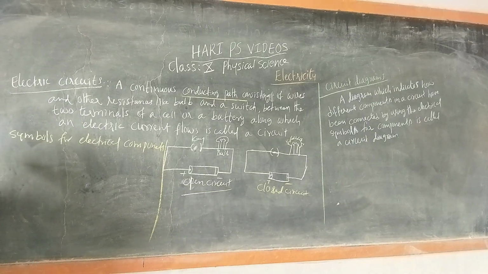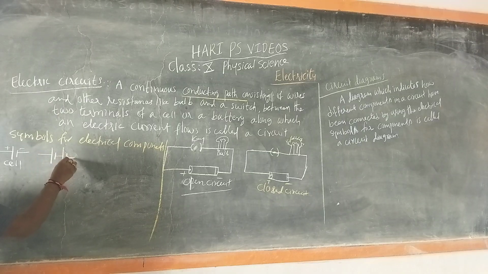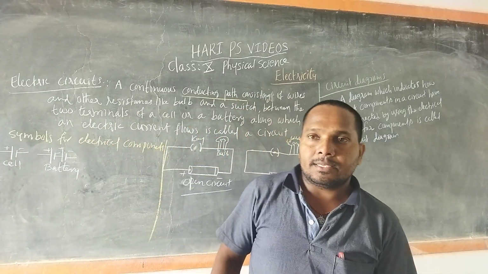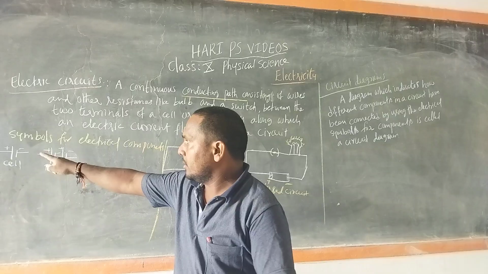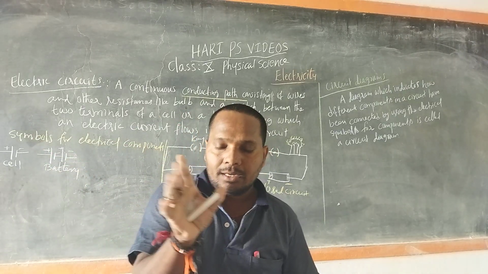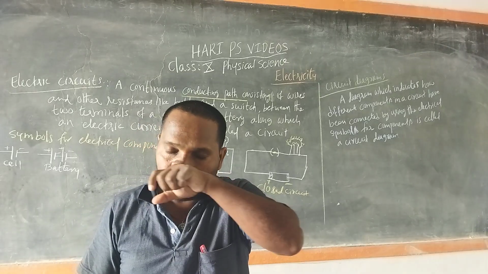So as we know, this is a cell. The combination of two or more cells is called a battery. A cell is represented with only one symbol, with a longer terminal and a shorter terminal, the positive terminal and the negative terminal.